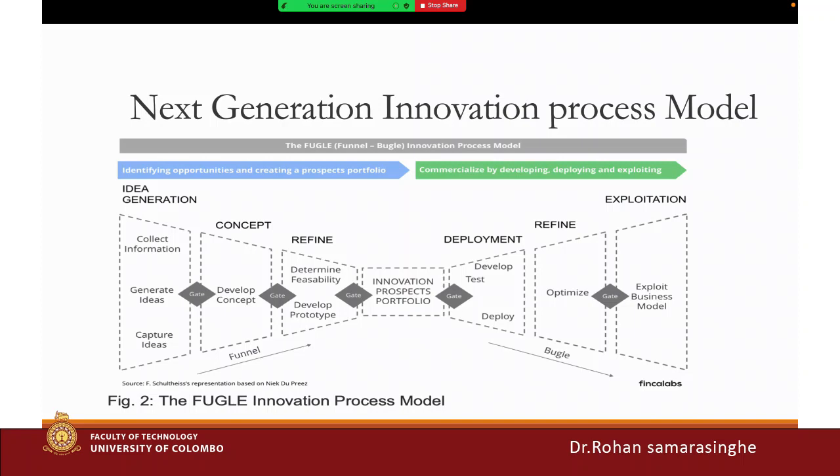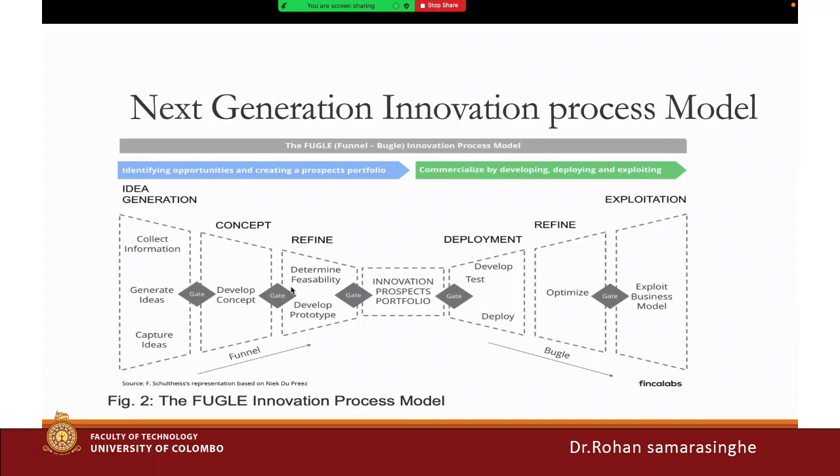Everything is analyzed, and sometimes once again one or two ideas come through, and we refine, determine the feasibility and develop the prototype.